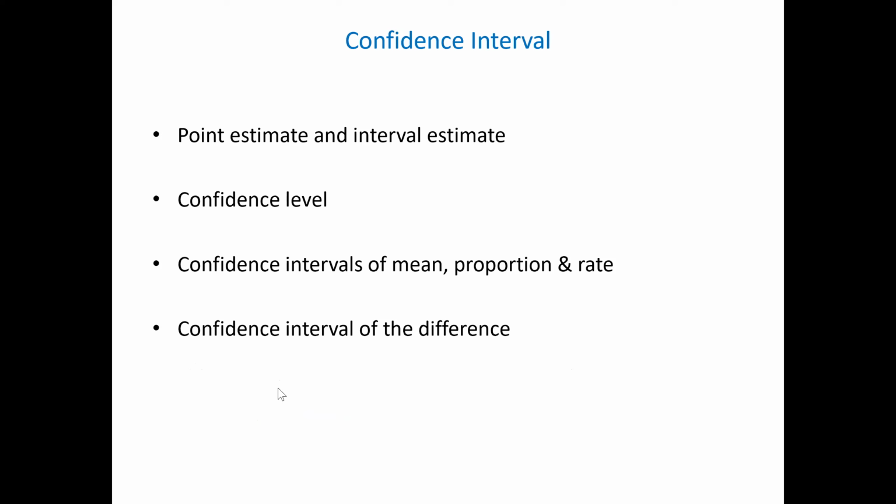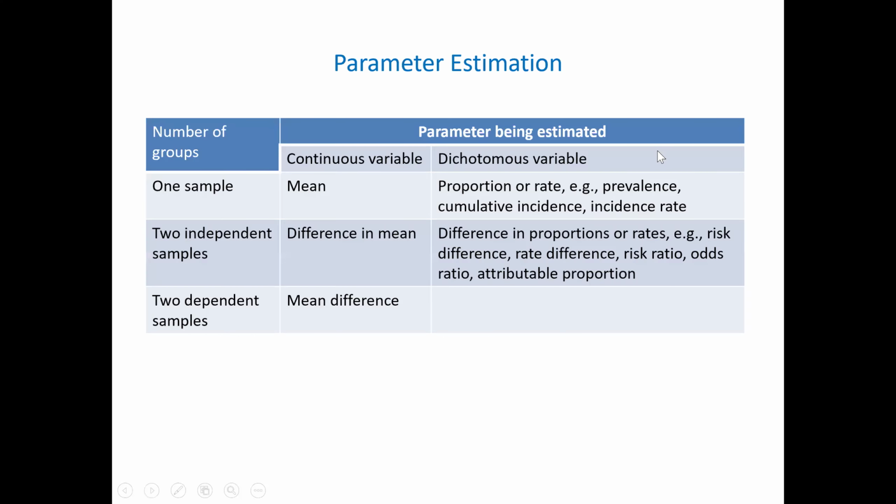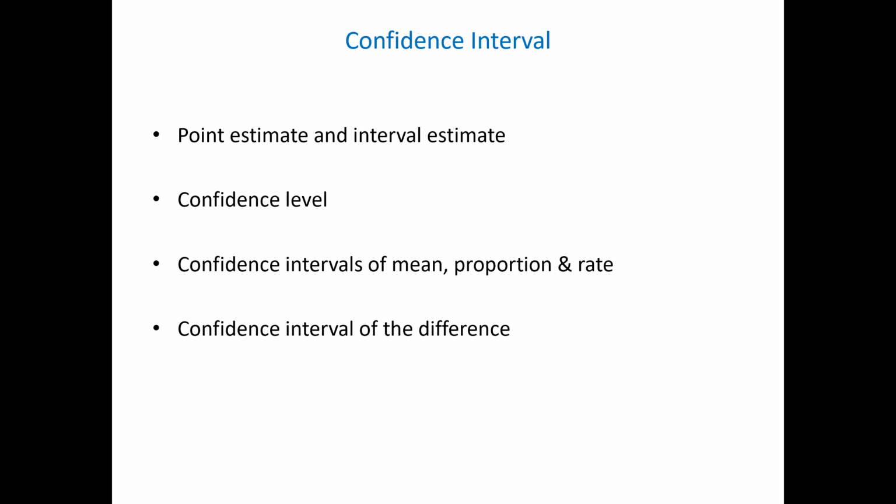Now, for us to talk about confidence, the first thing we want to look at is the words point estimate and interval estimate. Then confidence level, confidence interval of the mean. Let's look at all this together. What is point estimate, interval estimate?